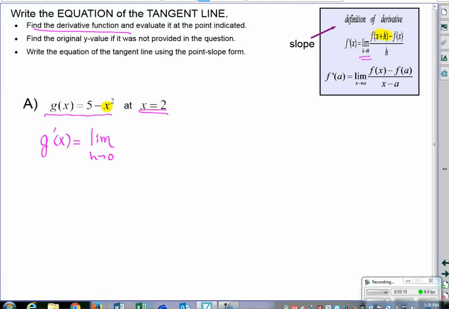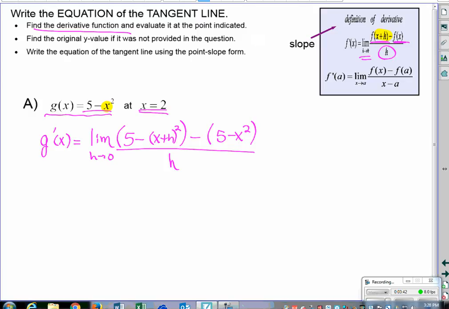So this is going to look like 5 minus, I encountered the x, so it'll be x plus h. Remember, I'm substituting, and then that quantity gets squared, minus, now I'm on to the second branch. I just evaluated the function at x plus h. Now I need to evaluate the function at x, which is 5 minus x squared. Gets divided by h.